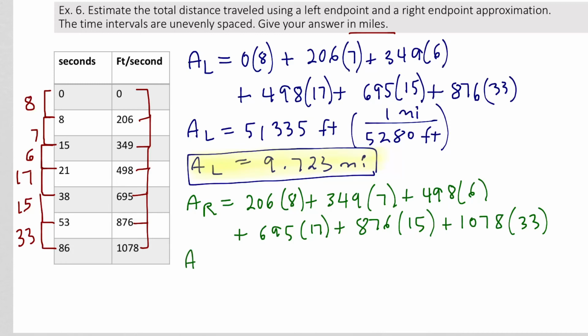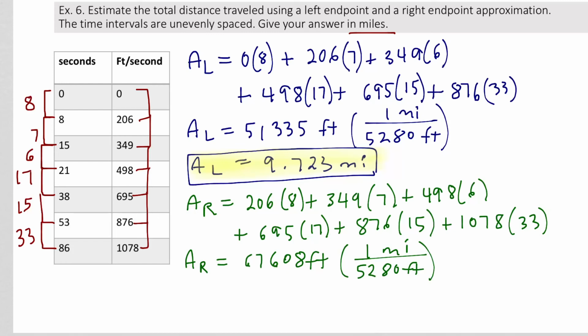So if I sum all those up using my calculator, I get 67,608 feet. I convert that to miles, so that's a conversion factor. 1 mile is 5,280 feet.